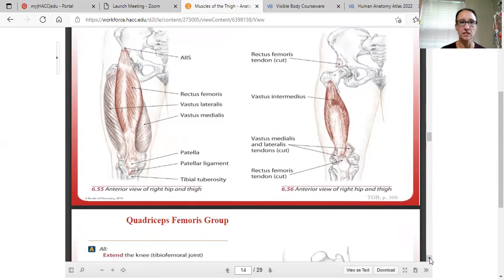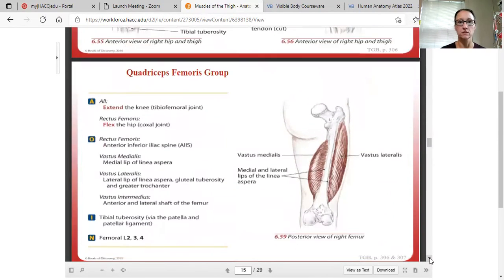But that is vastus intermedius. All right, so let's take a look at these attachments here. So they actually have different origins. There's 4 of them with 4 different origins, and that's fine because the insertion is all the same. So no worries there. All right, so rectus femoris. Rectus femoris originates at the ASIS, or anterior superior iliac spine.